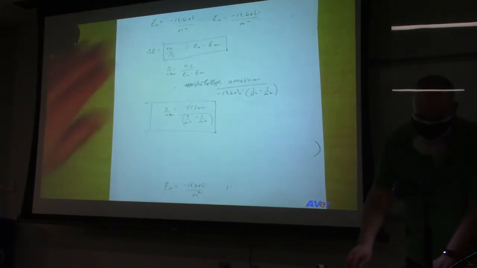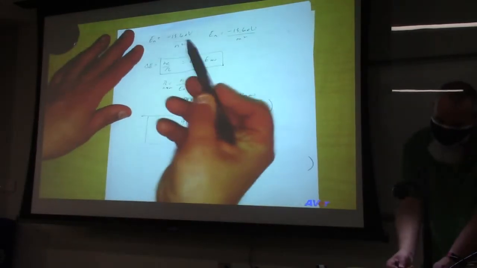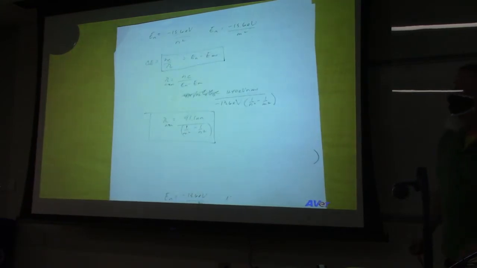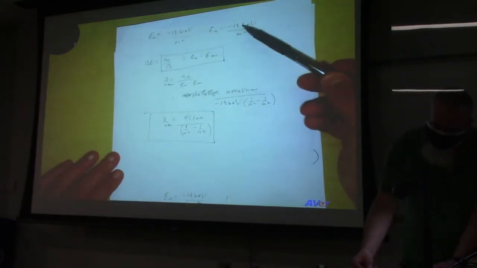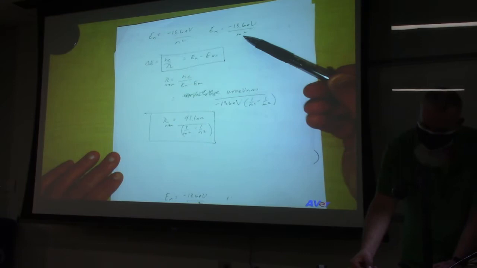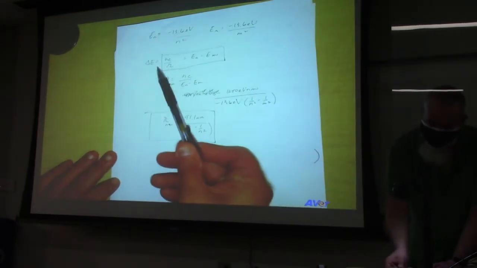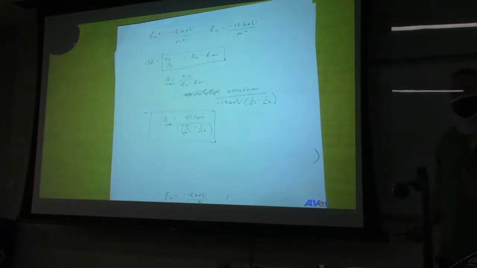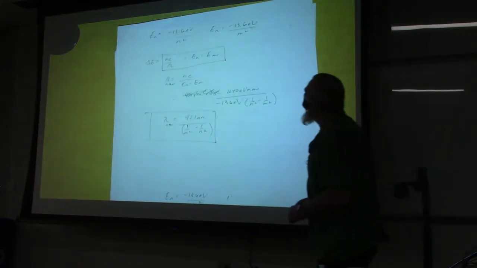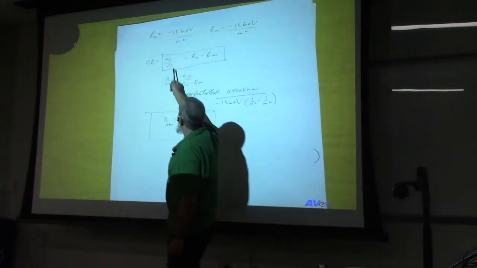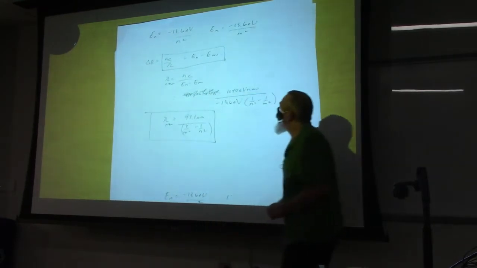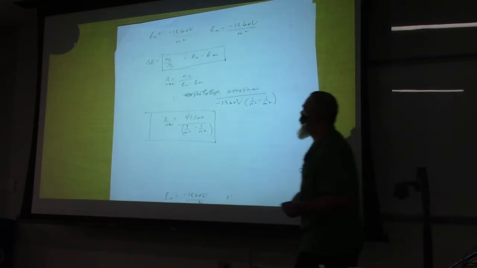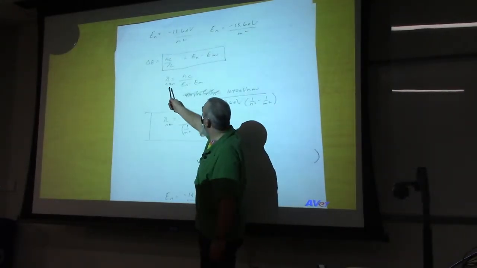So here's the nth energy, minus 13.6 eV over n squared. We've seen that. Now if you just write it in terms of m, minus 13.6 eV over m squared, we want to look at the difference of energy when you go from n to m. So n is higher, m is lower. Difference in energy, hc over the wavelength. Just to keep the notation the same as they have.